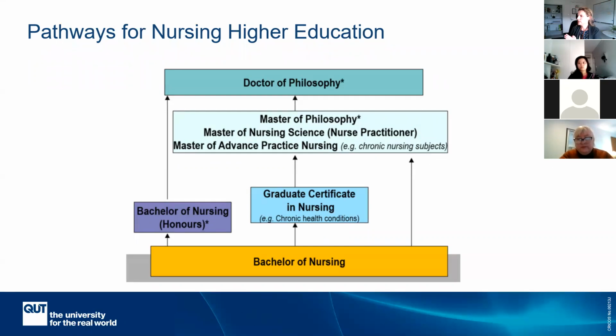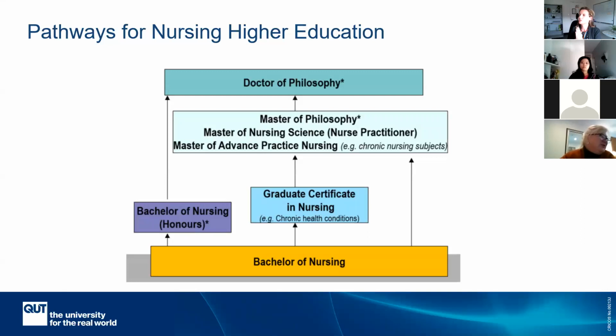And so what happens there is where you are is either currently in the blue graduate certificate in nursing, or perhaps some of you are in the Master of Advanced Practice Nursing, or some might be in the Master of Nursing Science Nurse Practitioner. So they're the ways, like, so if you've got a grad cert, then that leads you to go on to then perhaps do a master if that's what you're interested in.